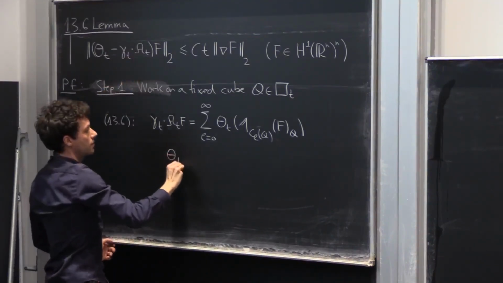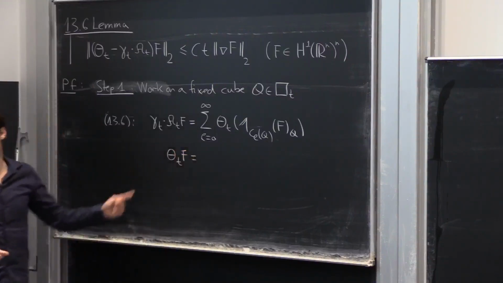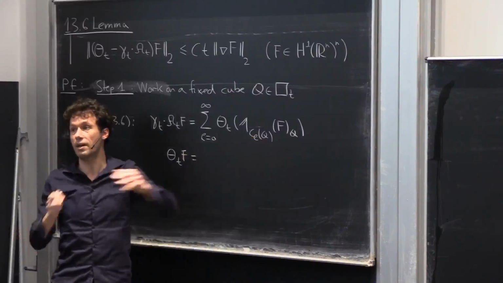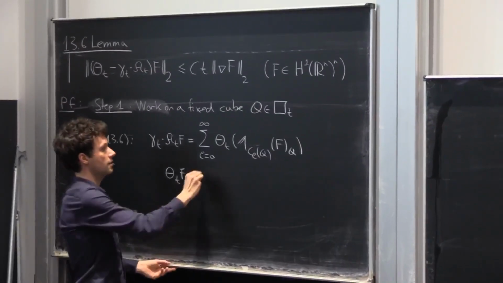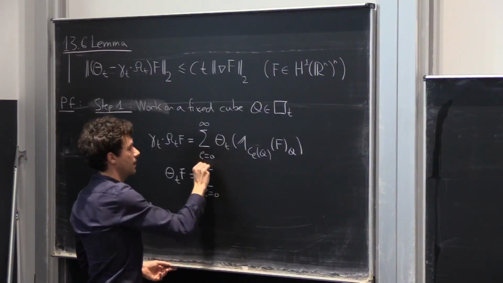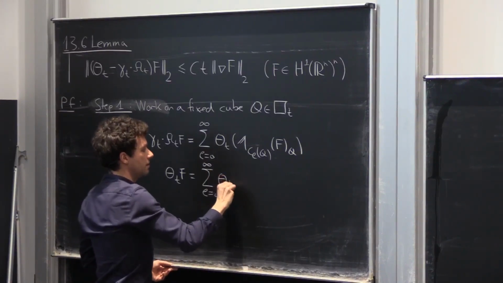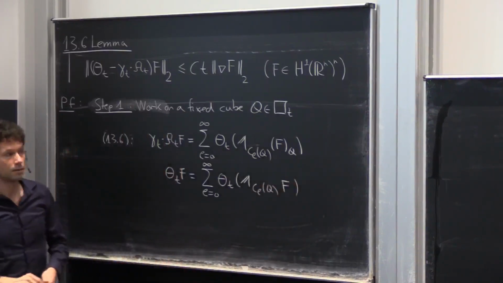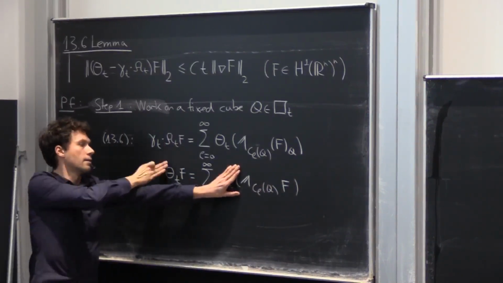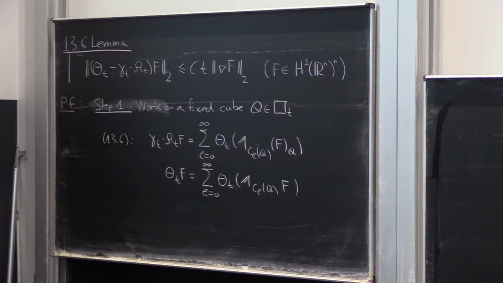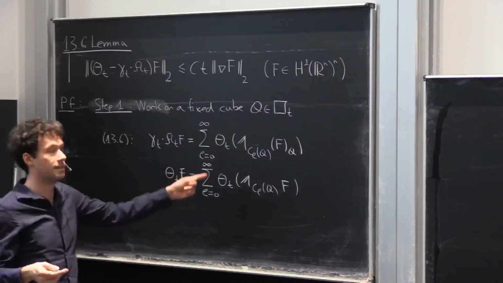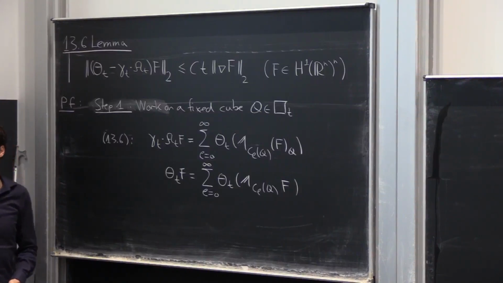I can also compute theta of t f, because theta of t is a bounded operator on L2. For an L2 function I can also split into annulus components, and so this is the same as the series from l equal to 0 to infinity of theta of t times f. Because if I leave that out, if I cross out the theta t on both sides, then it's just L2 convergence by dominated convergence, and then theta t is a bounded operator. Or you say, well, the extension by off-diagonal estimates was consistent with the L2 theory.